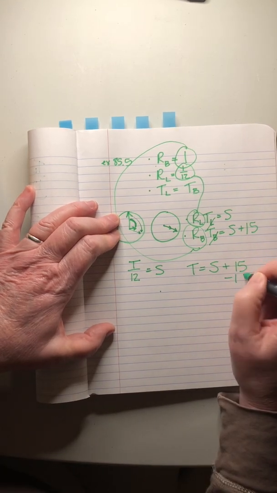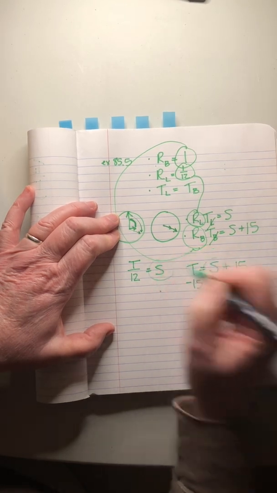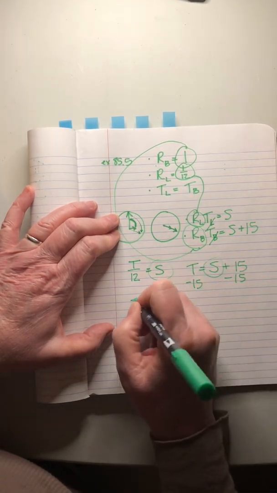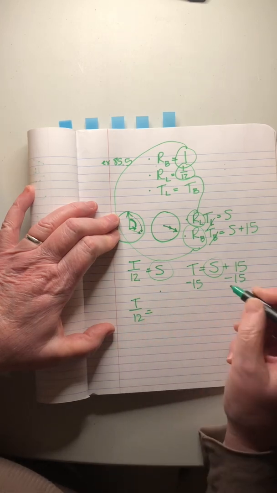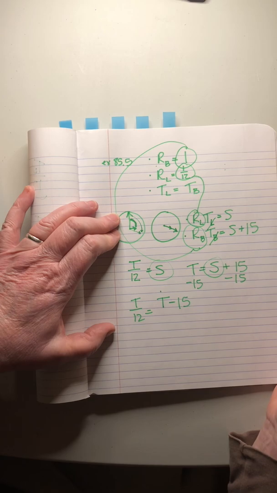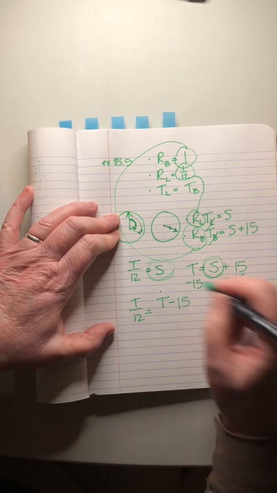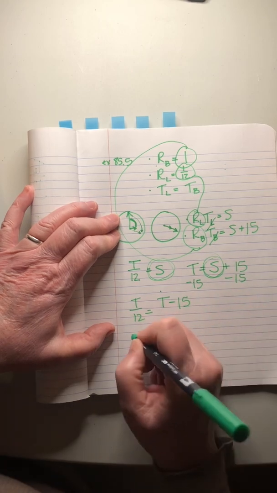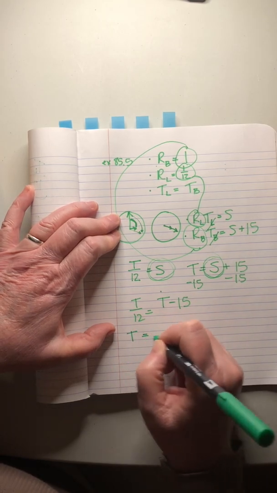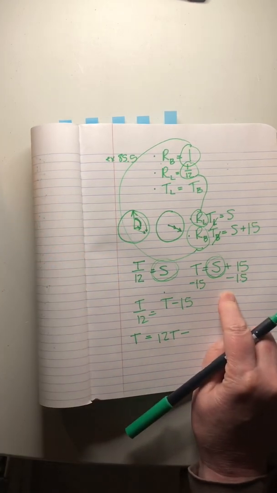So now I'll swim the 15. Then they'll both be equal to s. And I'll write that. t over 12 equals t minus 15. Right? The s's connected. I swam that over. And now I'm ready to solve. t equals 12t minus, let's see, what's 12 times 15?